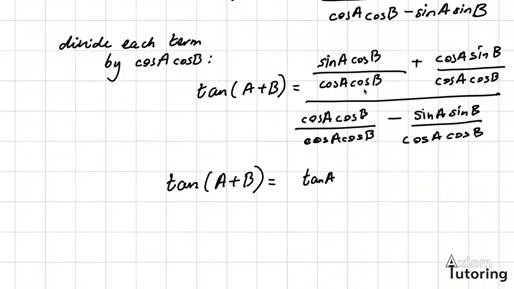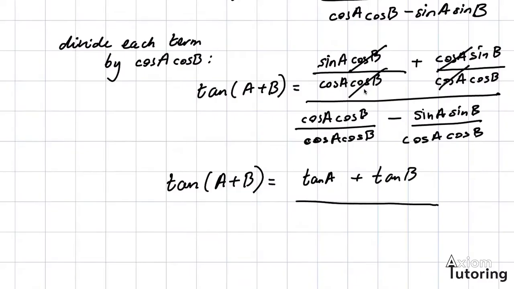So sine A over cos A is tan A, and then cos B over cos B, well, those just cancel. And then we have the next term in the numerator, cos A sine B over cos A cos B. Well, cos A's cancel, and then sine B over cos B is plus tan B.